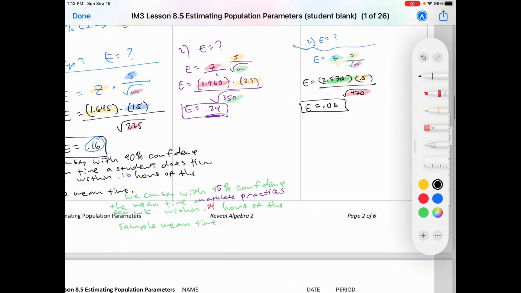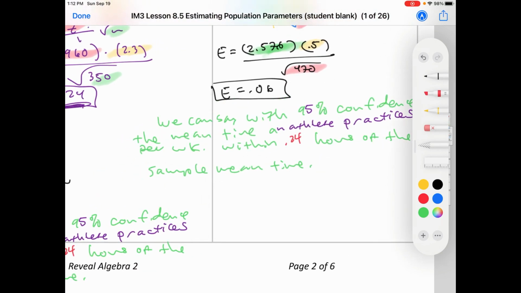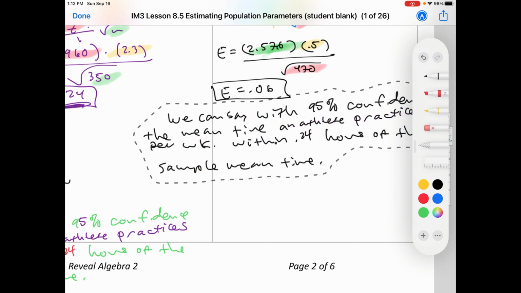Let's do some magic over here. Magic. What color do you guys like? Let's do black. Boom.